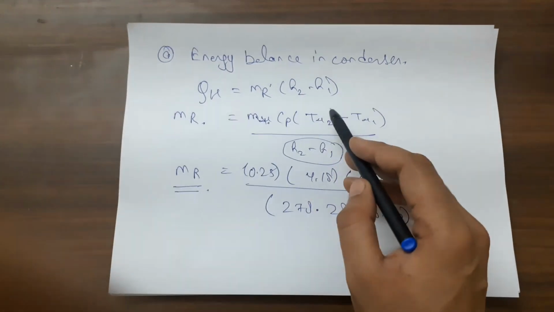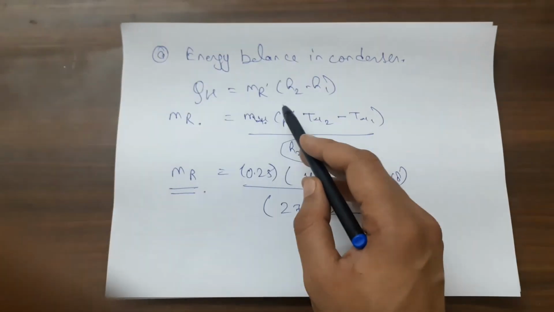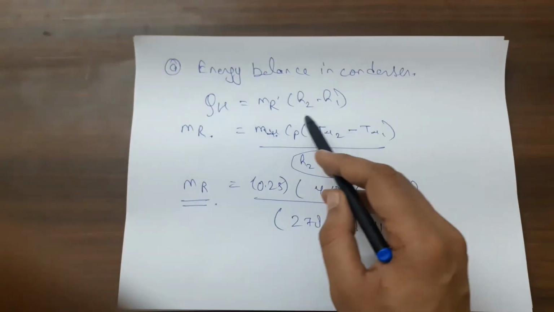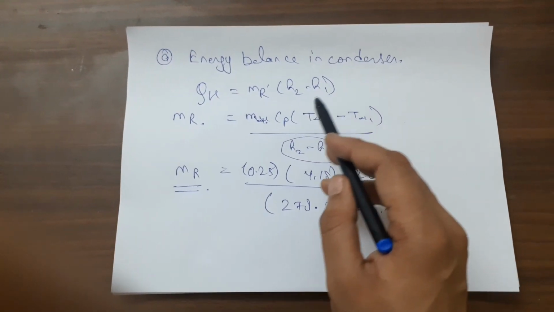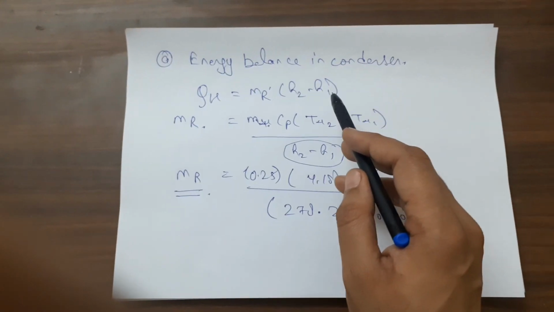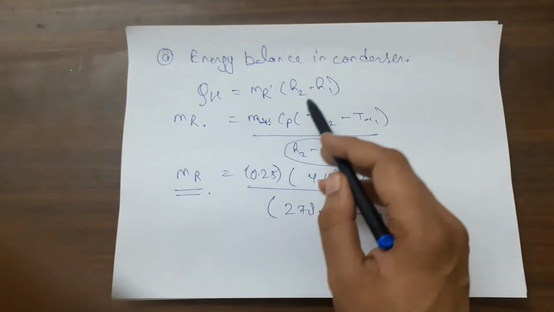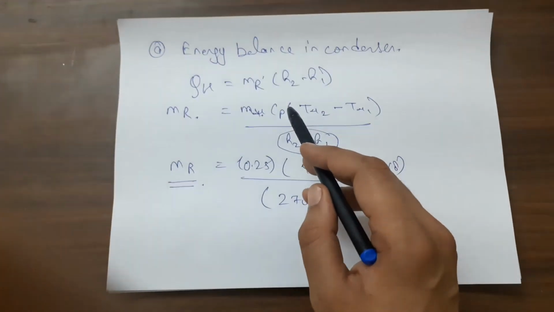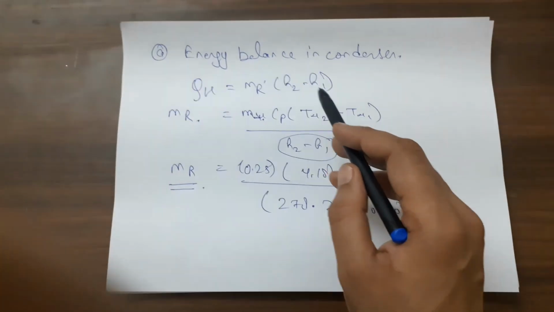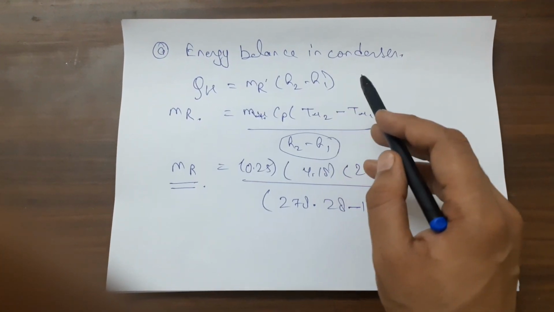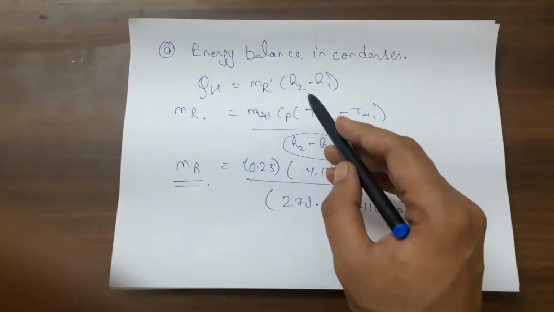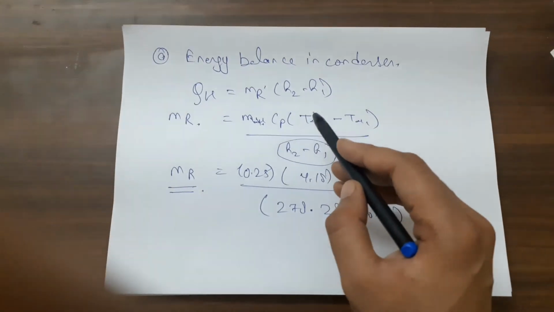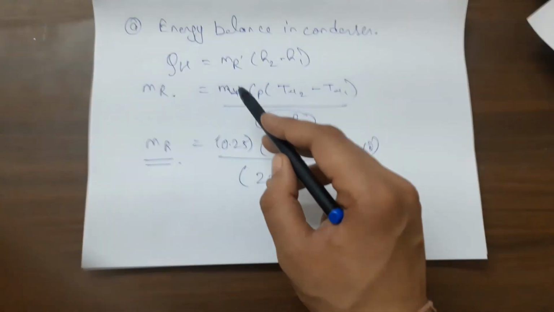So these two formulas of QH we know from the heat balance. Either the Q value is M delta H or M C delta T, but the mass of these two will be different. Because H is equal to C delta T, we know to apply this formula here.